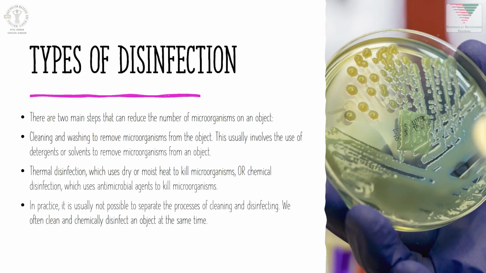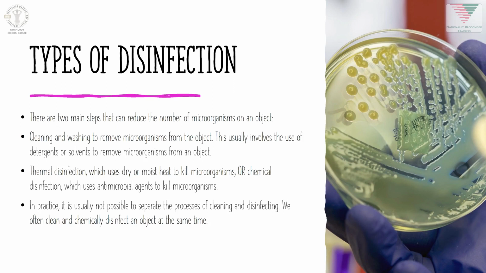Types of disinfection. There are two main steps that can reduce the number of microorganisms on an object. Cleaning and washing to remove microorganisms from the object. This usually involves the use of detergents or solvents to remove microorganisms from an object.